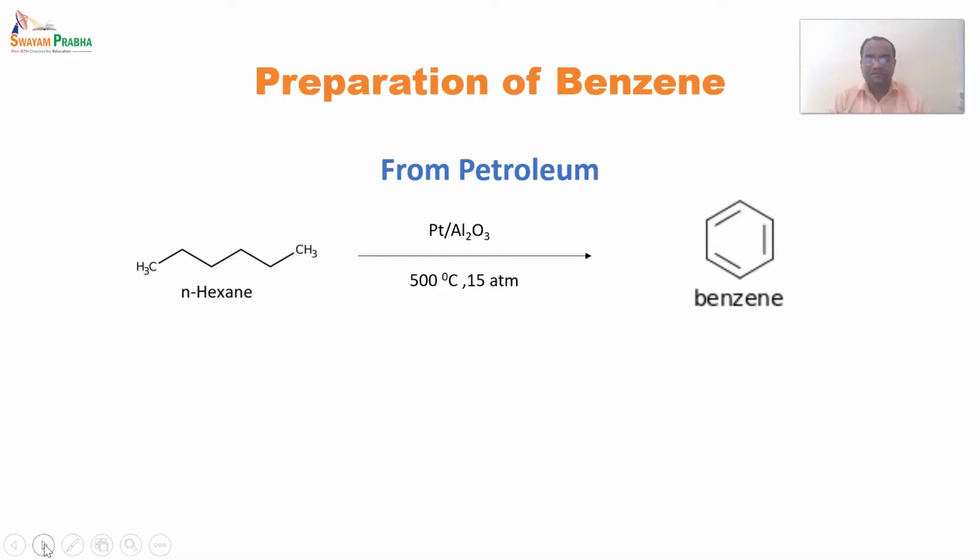Drastic in the sense that the reaction is carried out in a very tight container, because heating the compound at 500 degrees Celsius forms a gas. Hydrocarbons can easily be converted to gas because they have low boiling points.